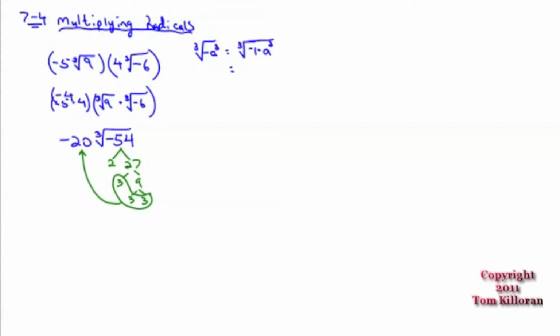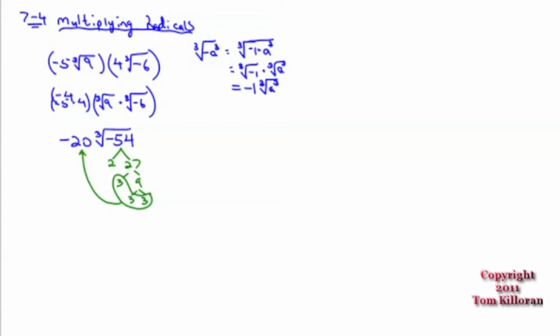And then we can use our break apart property. The cube root of -1 times the cube root of, well, it doesn't even have to be a cubed, but you get the idea. That can kind of suck the -1 out front, and the cube root of -1 is? -1. So if there's a negative on the inside, you can also pull it out as a negative with cube roots, fifth roots, odd roots.